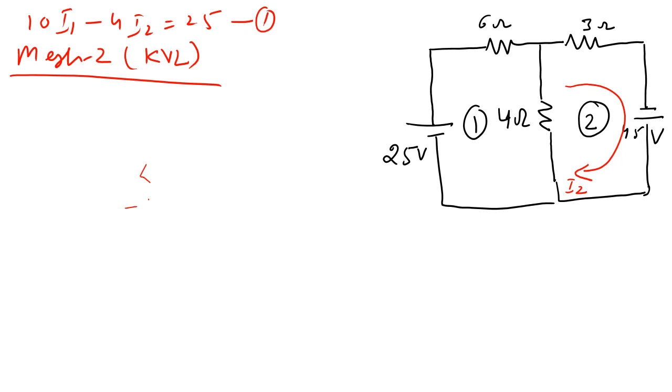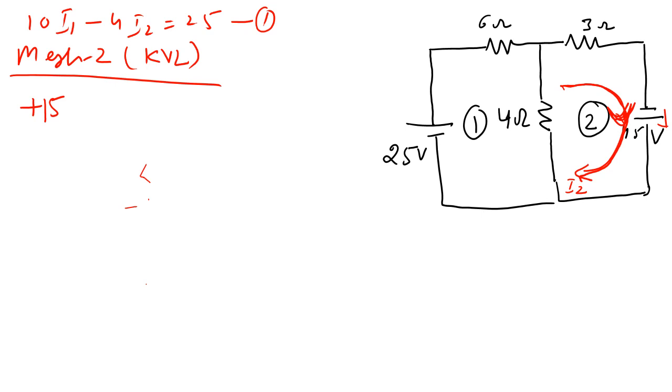So this is the mesh direction or the loop direction, and this is also the direction of the current I2. Now if I start from here, the direction of the voltage source is downward, so both are the same, so it is plus 15.